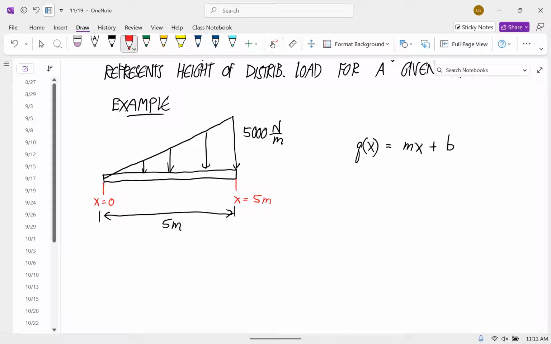What's the height of this distributed load at x equals 0? 0. And so in this case, this goes away. And so now q of x is equal to, that slope is just the rise over the run times x. The rise from 0 to 5 is 5,000. The run is 5 meters. So this is 1,000x. Okay.